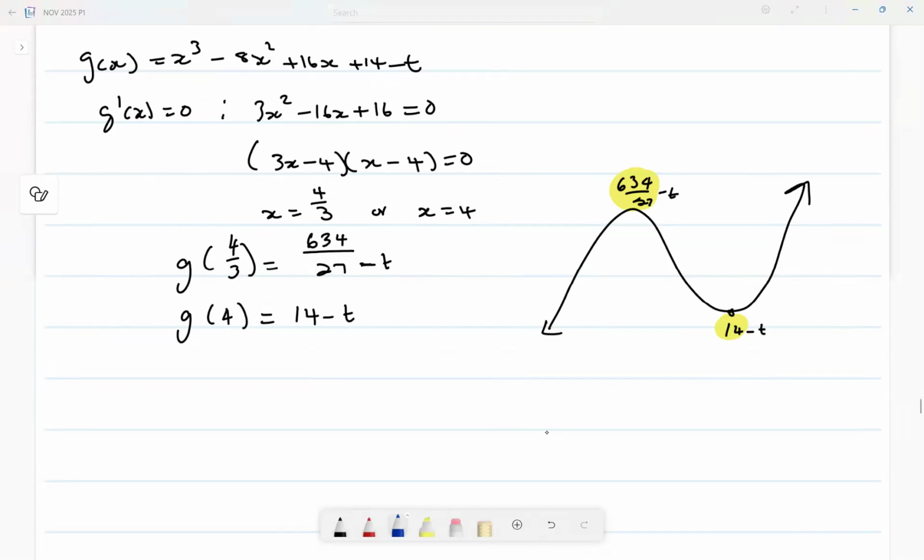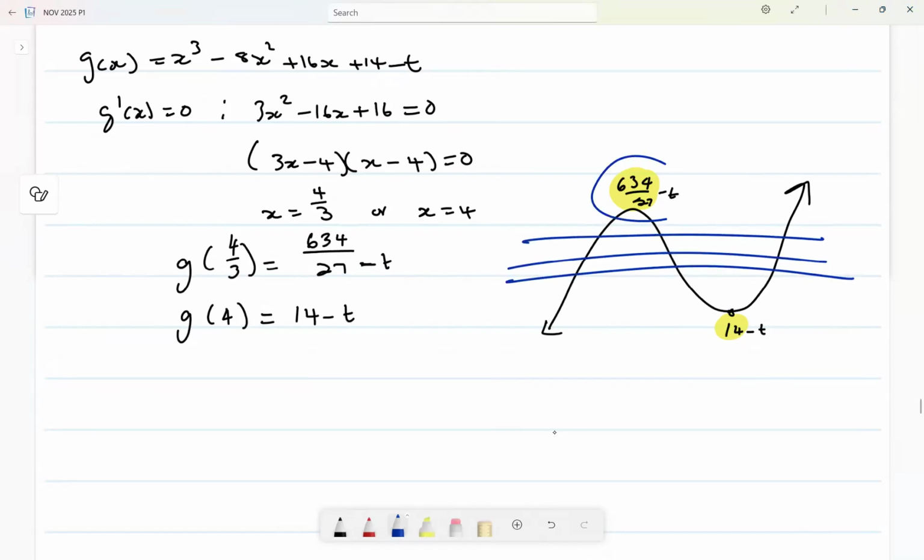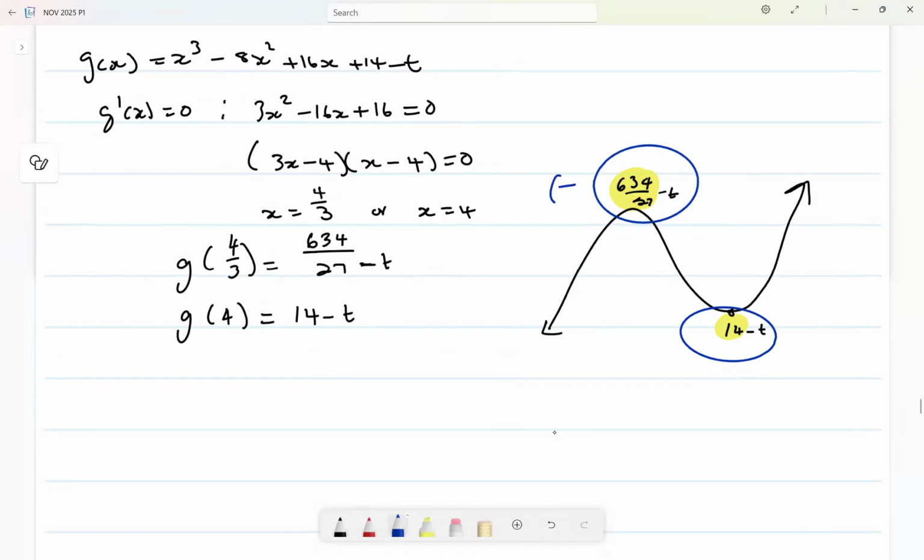Okay, let me see if there's a way that I can make you understand it. This is going to have 3 roots if and only if these two have different signs, if this one is positive and this one is negative on the other side. So when we have that, this one will have 3 roots.